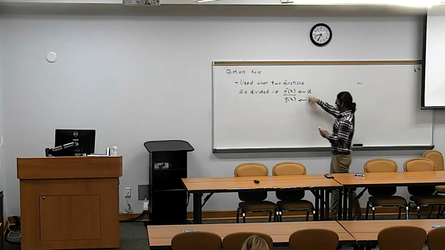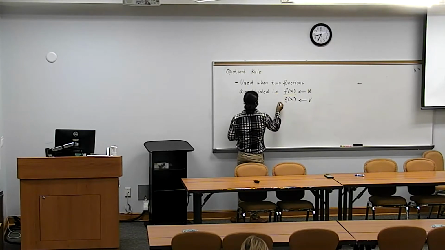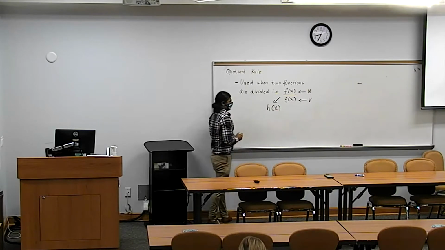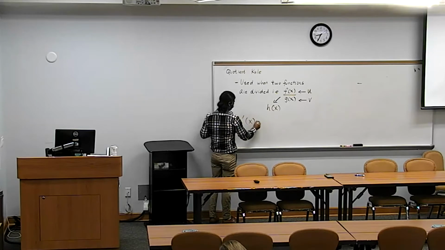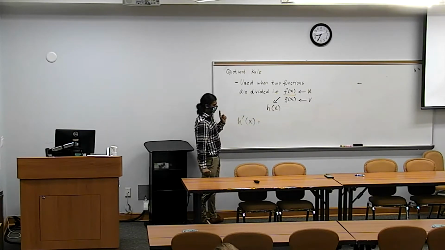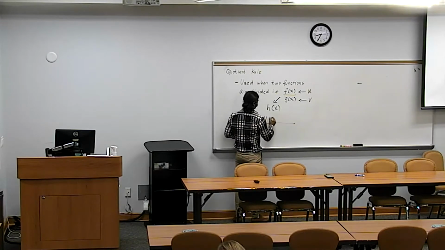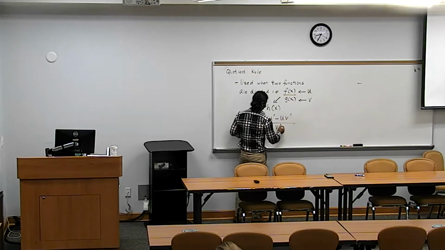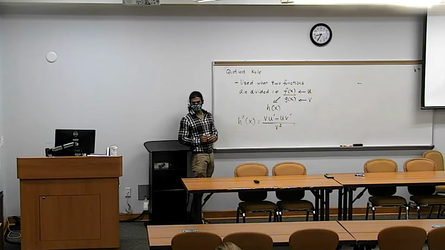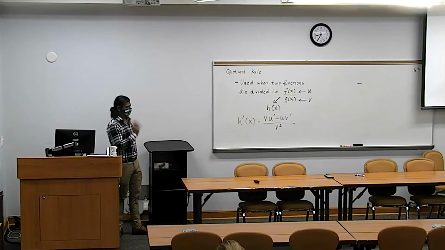So if that is the case, and I'll call that function h of x, then by definition, h prime of x, which is the first derivative, would equal v u prime minus u v prime divided by v squared.